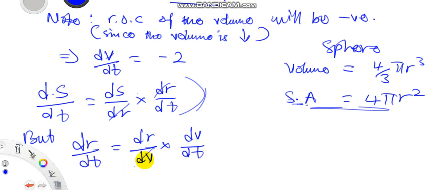You can imagine these crossing out each other, and you are still left with dr/dt.